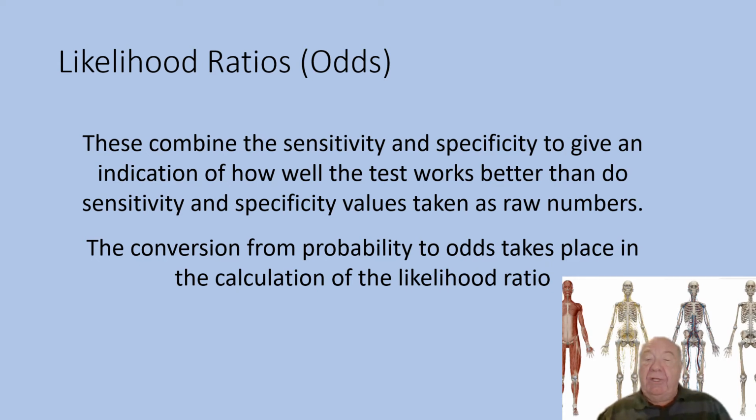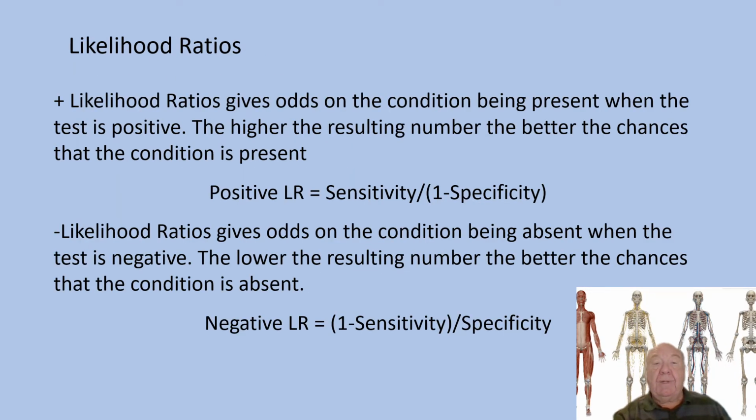But the likelihood ratio, once you see it, is actually quite intuitive. As far as numbers are concerned, it's easier to see a single number than looking at two and trying to decide what's helpful. And we'll look again at that a little bit later on. I'll give you some examples of that. So technically, a positive likelihood ratio gives the odds on a condition being present when the test is negative. Okay.